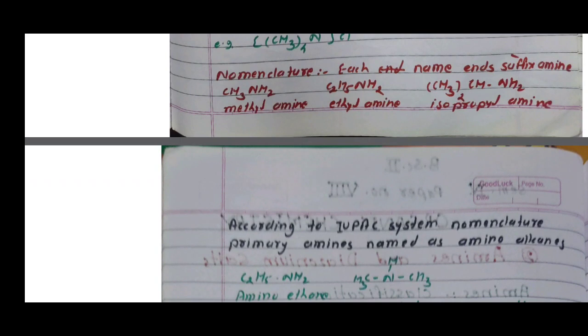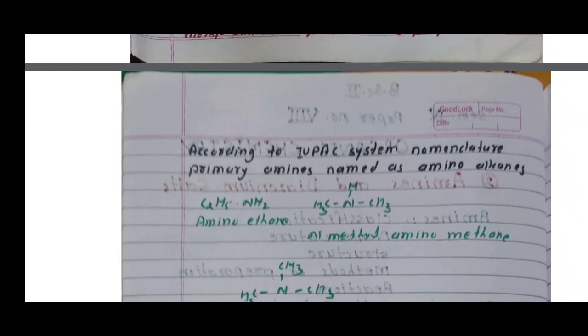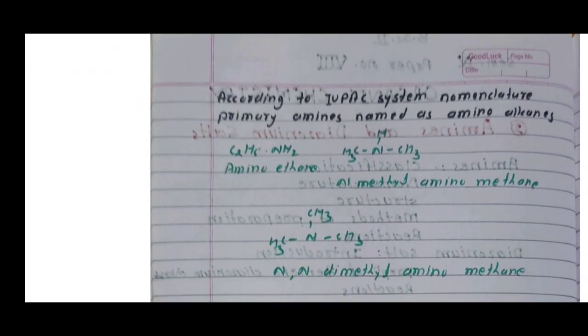Then according to the IUPAC system of nomenclature, primary amines are named as aminoalkanes. Therefore, I am showing the structure C2H5NH2. The IUPAC name of this structure is aminoethane. Then the second structure, CH3NHCH3.